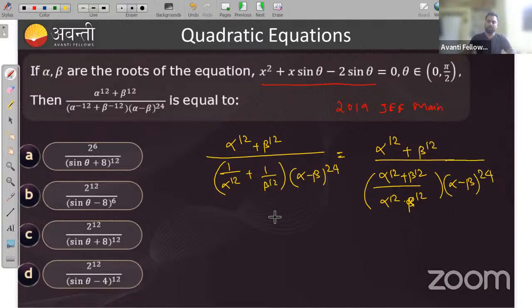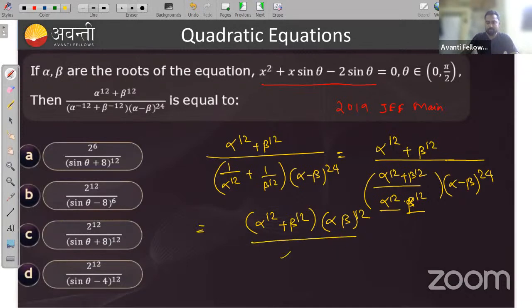Now if we take the numerator to the denominator and the denominator to the numerator, this becomes alpha to the power 12 plus beta to the power 12 into alpha to the power 12 into beta to the power 12. I'm taking this to the numerator. In the denominator, we are having alpha minus beta to the power 24. So finally, we are having this.